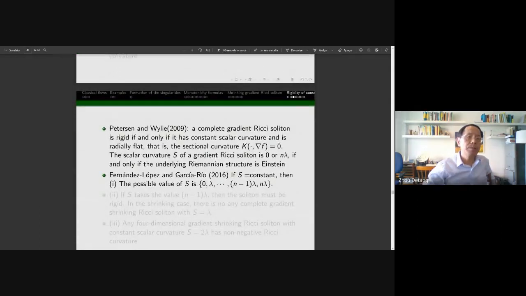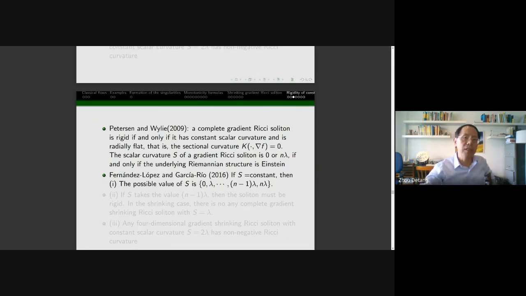And later, Fernández-López and García-Río proved that if the scalar curvature is constant, the possible positive values of the scalar curvature are just this table. You can consider lambda as 1/2 here. So there are only these possibilities.